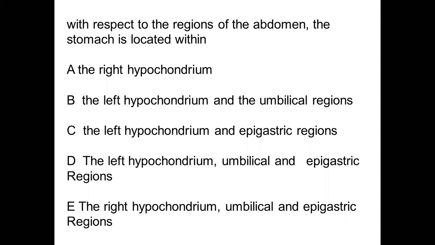With respect to the region of abdomen, stomach is located within the right hypochondrium, left hypochondrium and umbilical region; left hypochondrium and epigastric region; left hypochondrium, umbilicus and epigastric region; right hypochondrium, umbilicus and epigastric region. The answer is left hypochondrium and epigastric region.